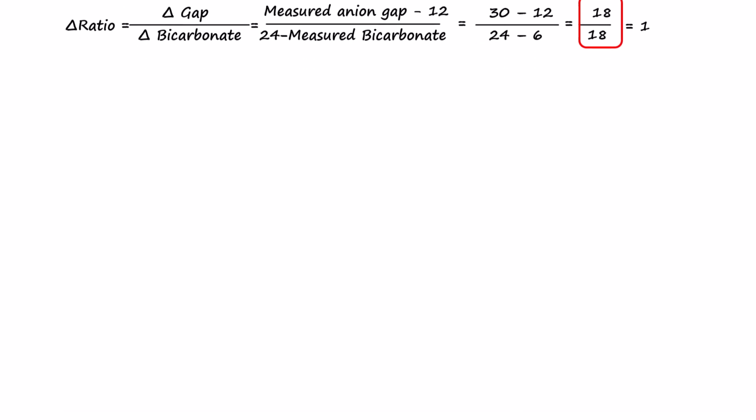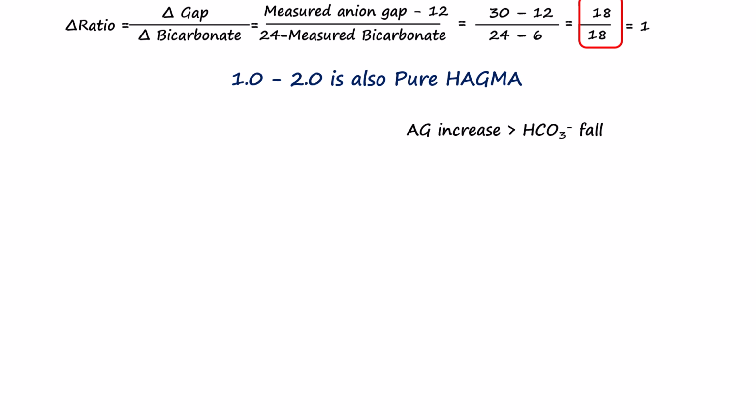Even when the delta ratio exceeds 1 but remains below 2, it is still considered pure HECMA in some interpretations. A ratio between 1 and 2 indicates that the rise in anion gap is slightly greater than the fall in bicarbonate. This occurs because the body's buffering system extends beyond just the bicarbonate buffering system.